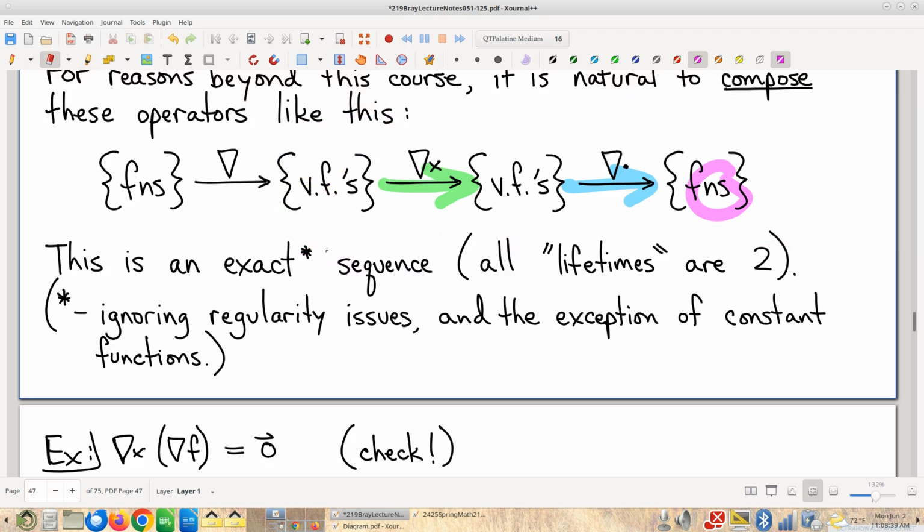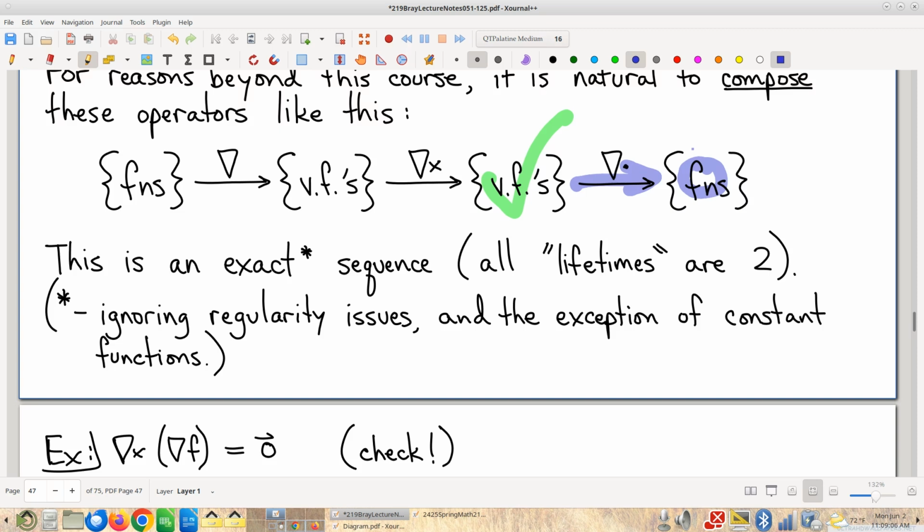Okay, now it goes the other way as well. As follows: if you have a vector field, and if you compute the divergence and you get 0, let's speculate on what's the life story that we see part of here. Got a vector field and died here. Remember, all lifetimes have to be 2.